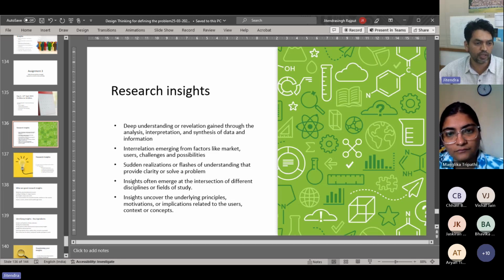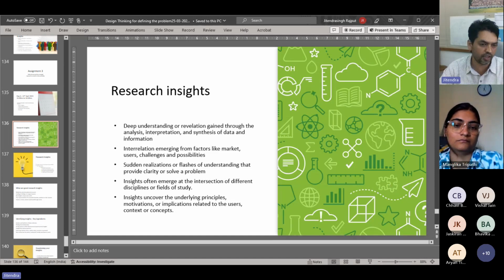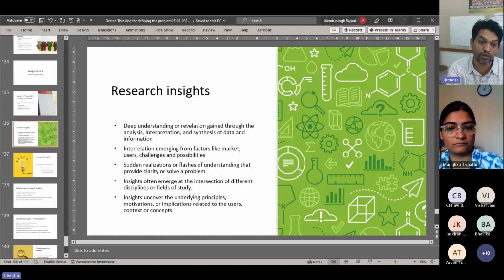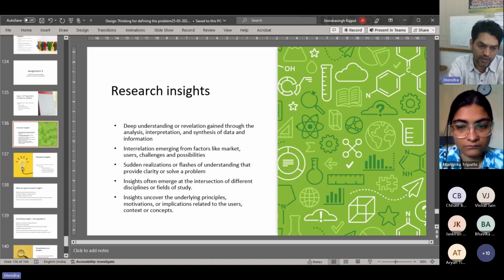So here in this part, when we conclude our research, when we lead our research to a logical end, we expect some insights to emerge from our research activity. And it's a very critical part. You can possibly generate some insights before you start your research activity, and make your research based on those insights, and try to validate them or look forward to maybe deeper insights.